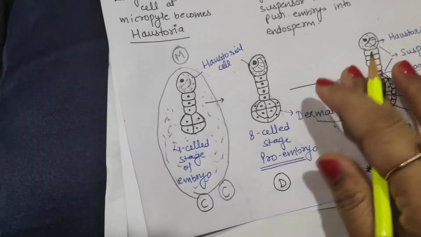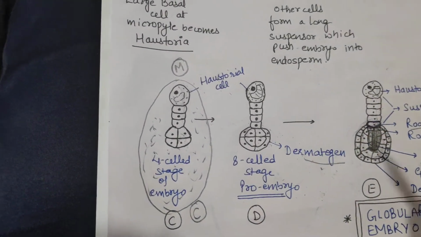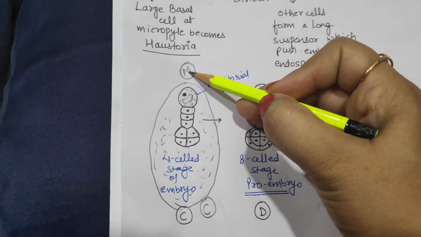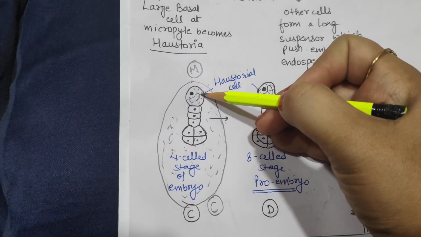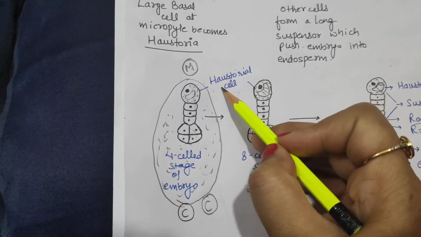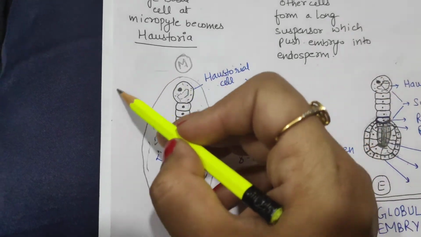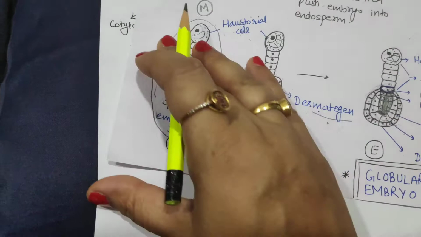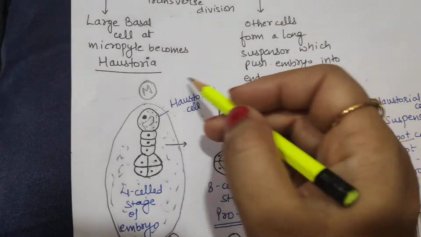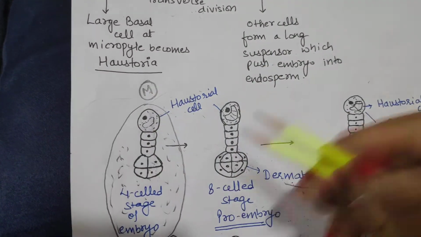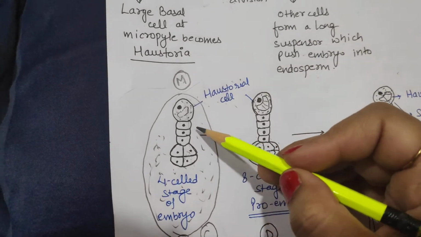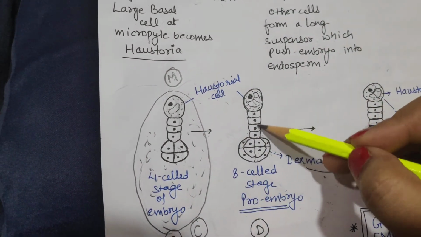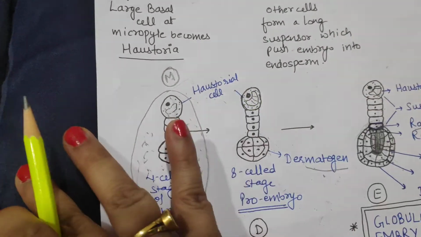So on the micropylar end side, the suspensor's basal cell is going to become large, called the haustorial cell, so that it can derive nourishment from the surroundings of the ovary. I mean, this is the tissue inside the ovary or ovule, that is nucellus, as well as these linear cells, they are going to embed the embryo in the endosperm.